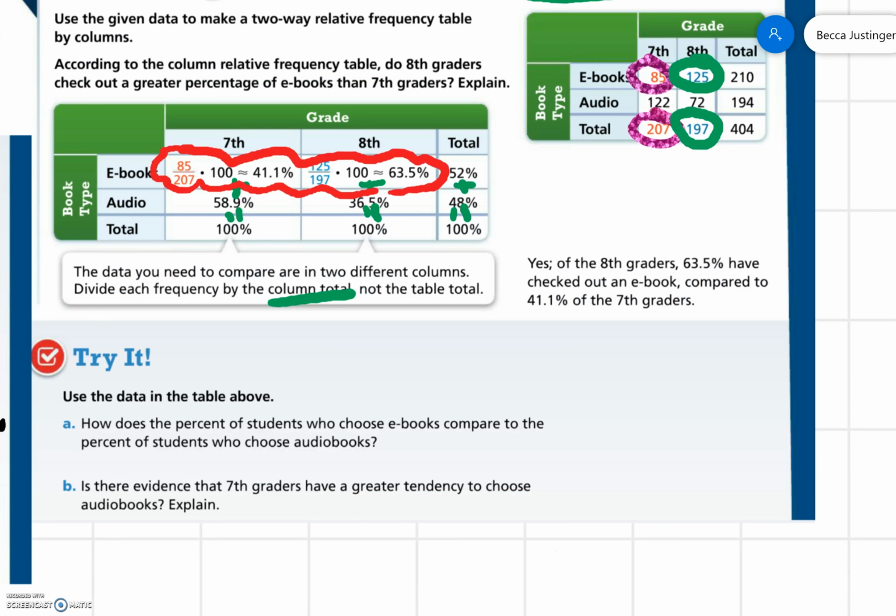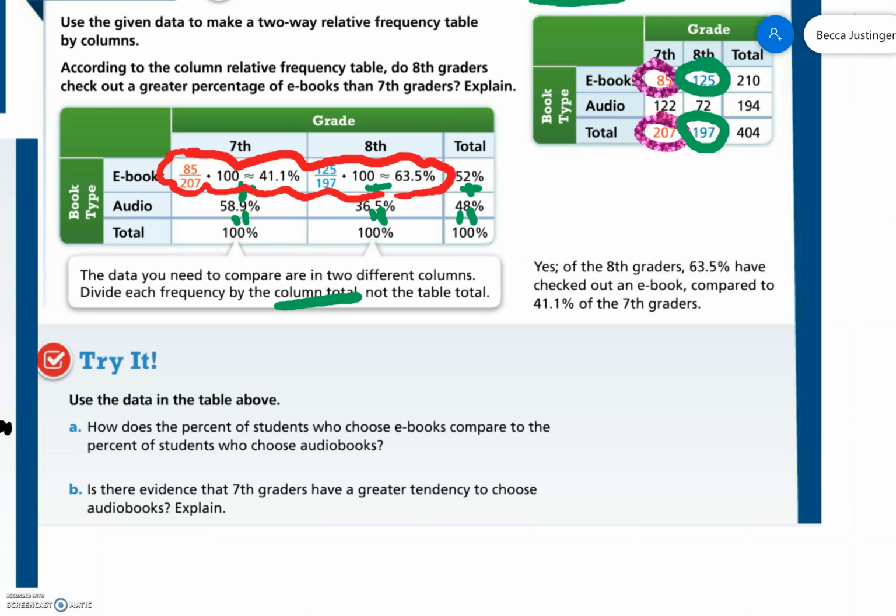Use the data in the table above, Part A. How does the percent of students who choose ebooks compare to the percent of students who choose audiobooks? So now we're looking at total students, not 7th versus 8th grade. All students, the percentages. So pause the video, write something down, and we will look for participation.